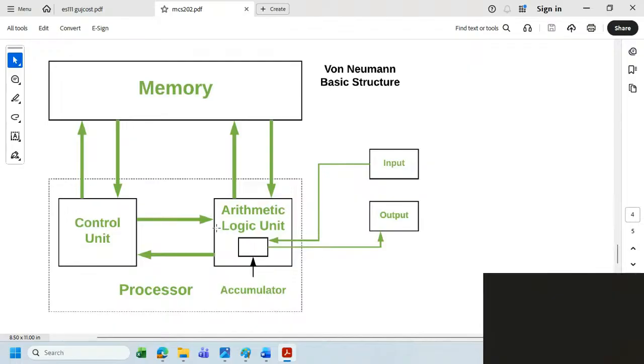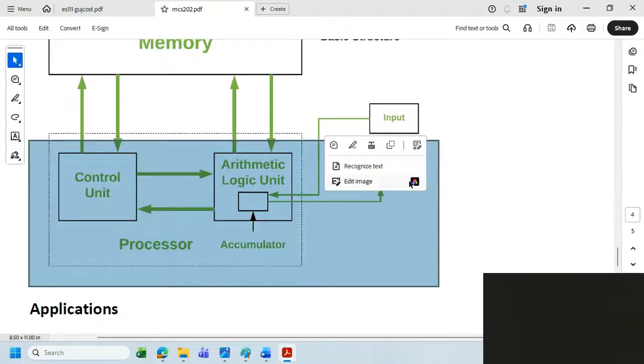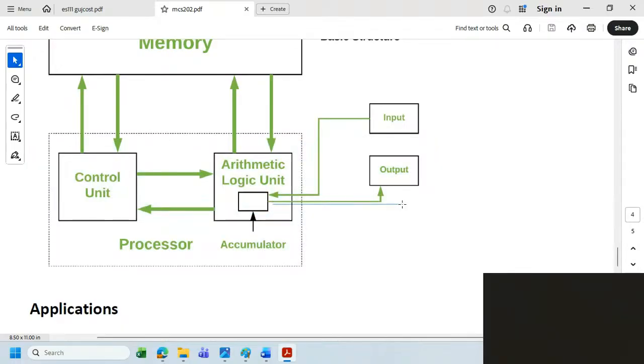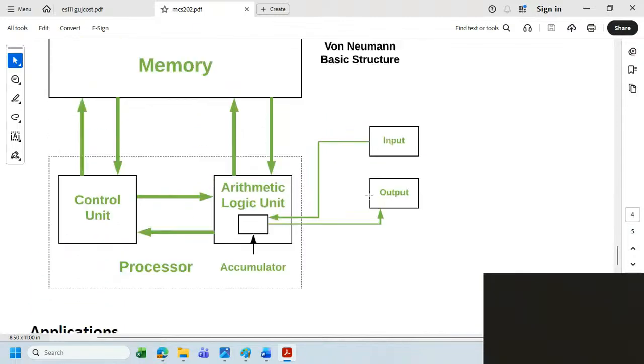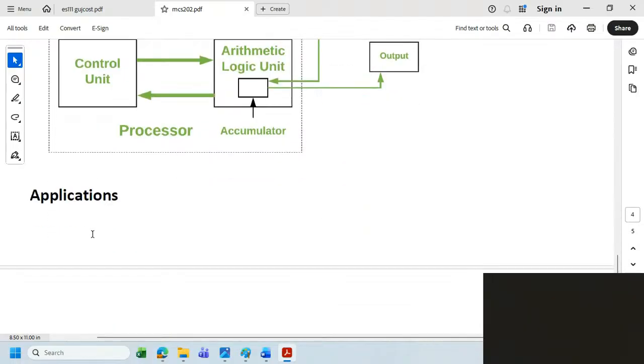Also, the ALU sends data directly to the control unit, and the control unit sends it back to the ALU. So this part is the accumulator, and this is the processor part. And again, from the ALU we get output as our result. So this is the basic structure of von Neumann architecture.